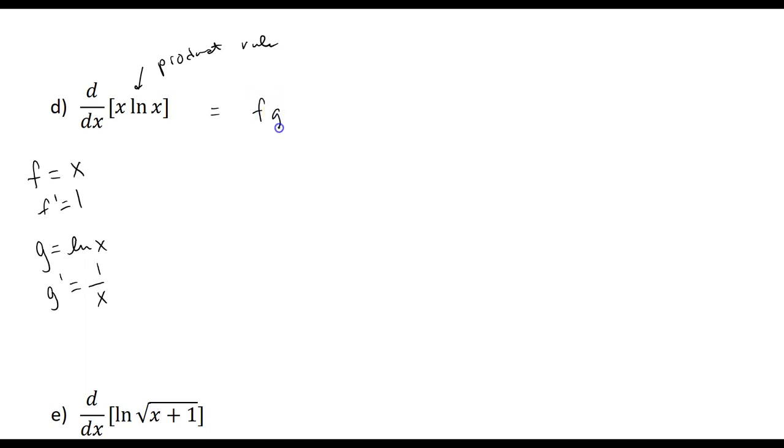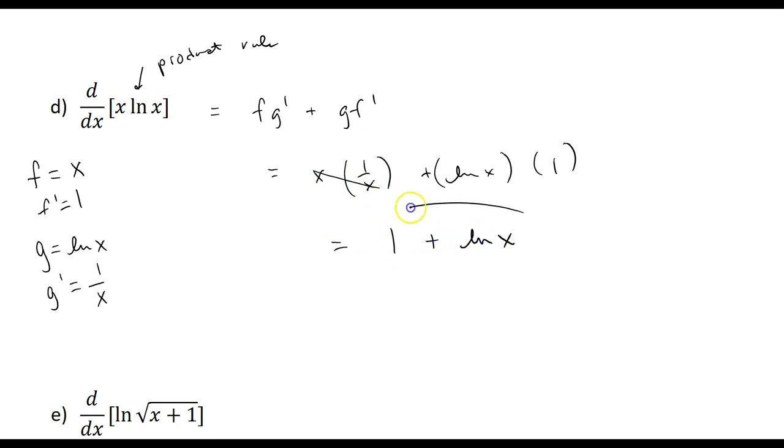So this is going to be f g prime plus g f prime, which is x times 1 over x plus the natural log of x times 1. And notice my x's cancel, and I end up with 1 plus the natural log of x.